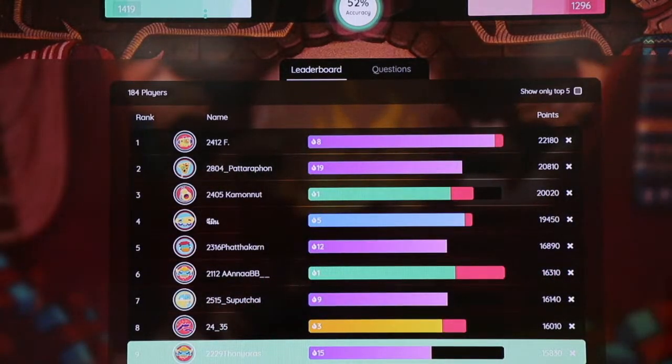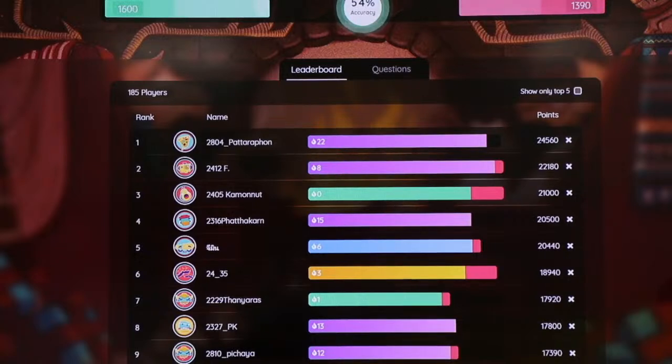Before we end, let's find out who will be the top 3 students. Five minutes more before we end this one. So, top 3 students.